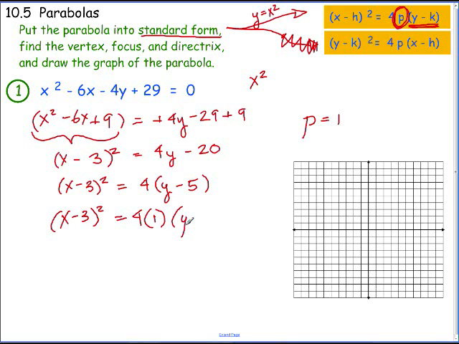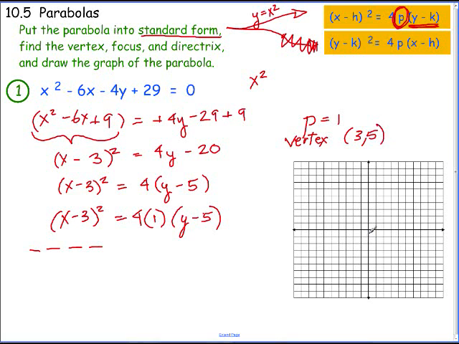And then y minus 5. My directrix is going to be going in this direction. My vertex is going to be hk, or let me write it down. Vertex is going to be 3, 5.